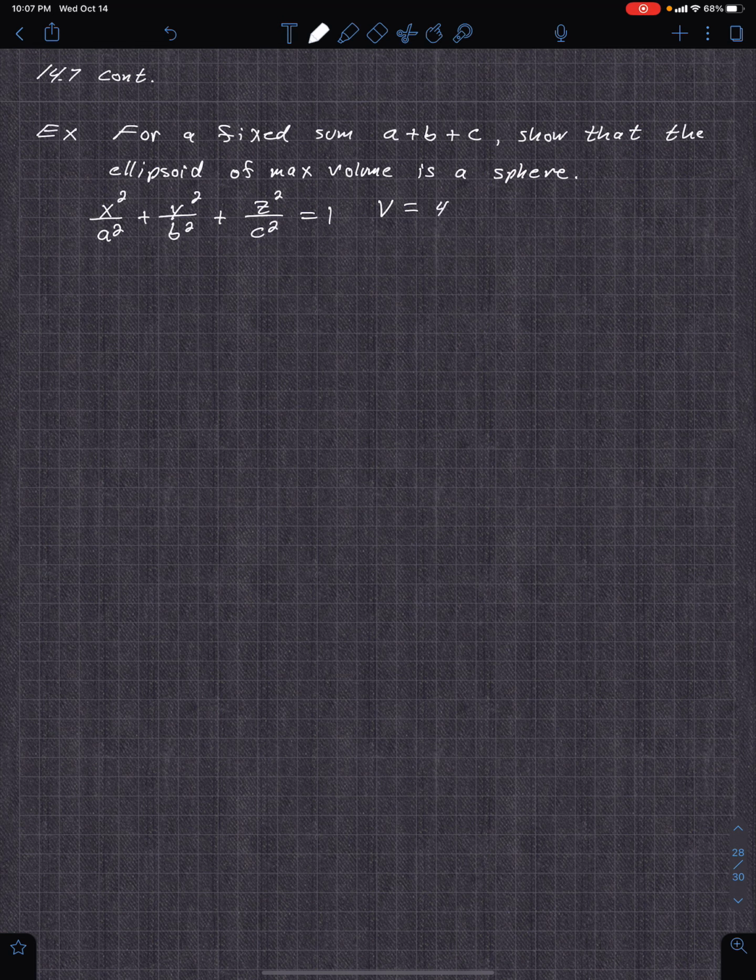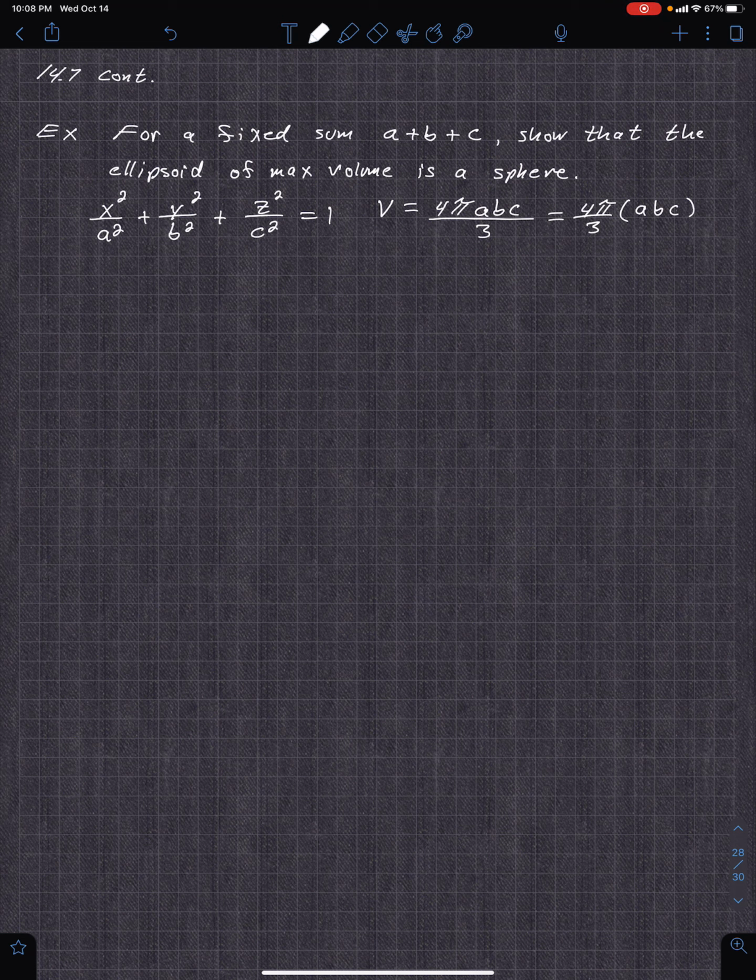This one you could look up, but it's 4 pi times a times b times c over 3. Or you could write it as 4 pi thirds. Remember, a sphere is 4 thirds pi r cubed. Well, this is just, you multiply the sides, a, b, c.